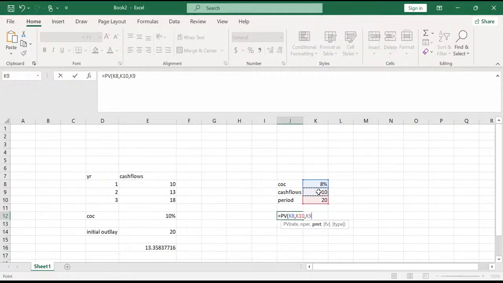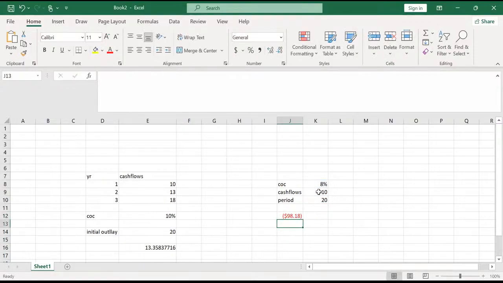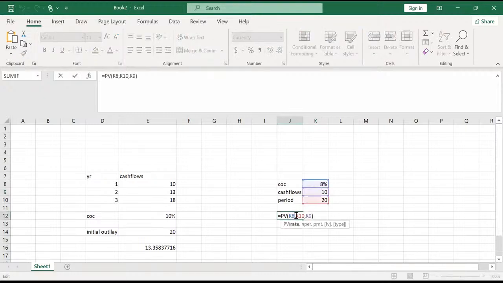Actually, that payment you can even capture as negative 10, because when they call it a payment and it is a receivable, you can enter the negative inside there, then close bracket, close bracket, and enter. Then go back and cancel your negative. How do you cancel it? Go back to 98.18, press F2, and at the equals put a negative in front, after equals. Great. Thank you so much.